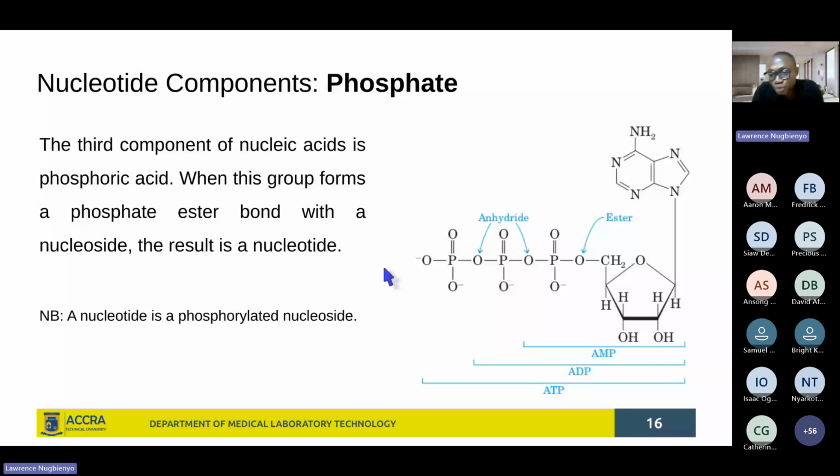So you have here, the structure that you see is having 3 phosphate groups. This is actually the structure of a common nucleotide, which you refer to as ATP, adenosine triphosphate. It's a form of cellular energy.